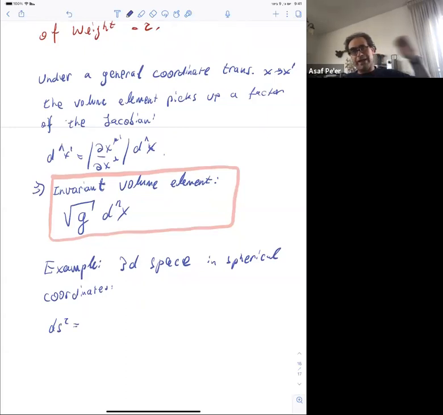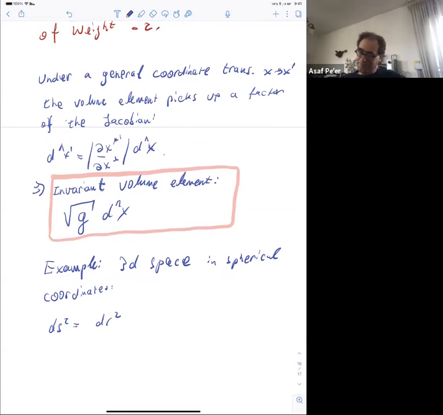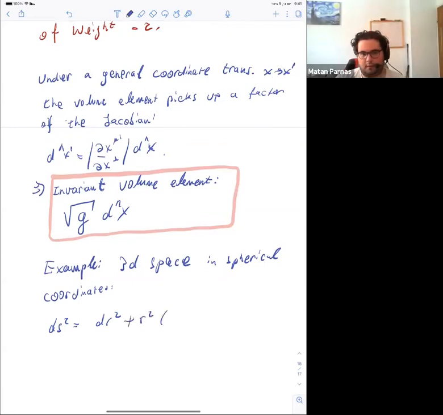What is an element of length in spherical coordinates? You know that, yeah? ds squared is dr squared plus r squared d theta squared plus r squared sine squared theta d phi squared.